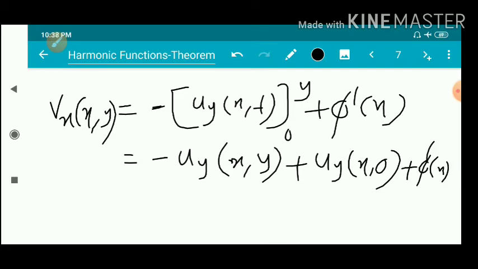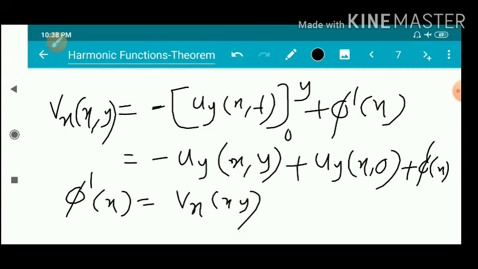From this we get phi dash of x equal to minus vx of xy plus uy of xy minus uy of x0.